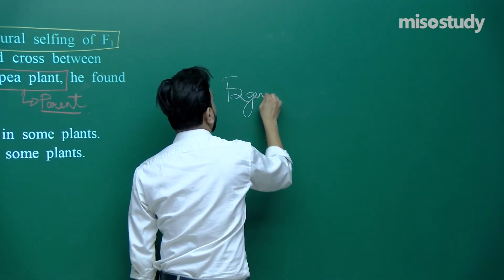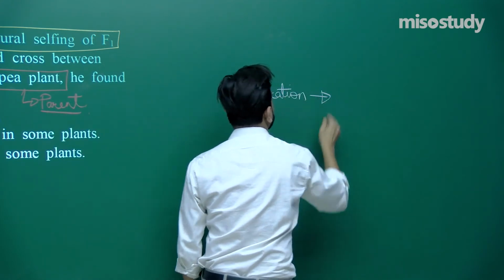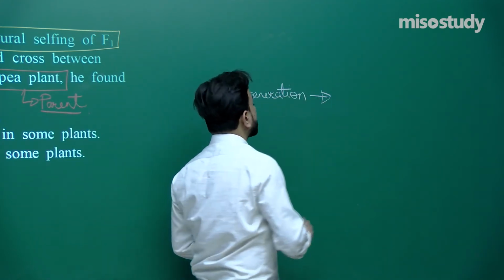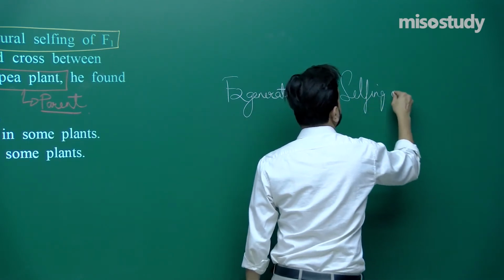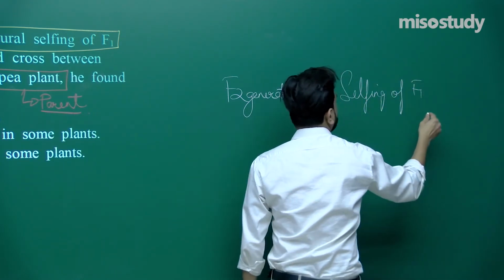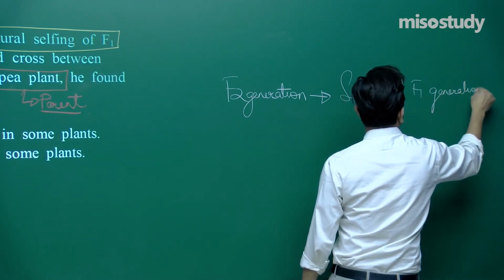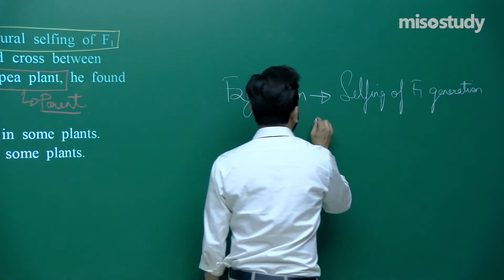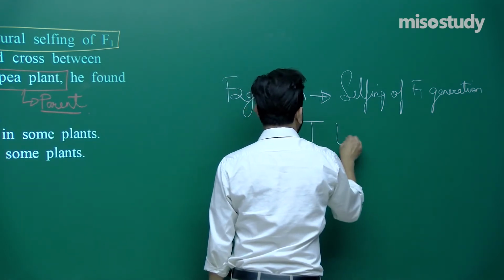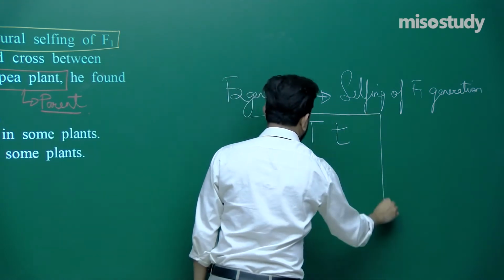F2 generation is the selfing of the F1 generation, right? And what had we obtained? Capital T and small t. So if we self this one again, what will we obtain?